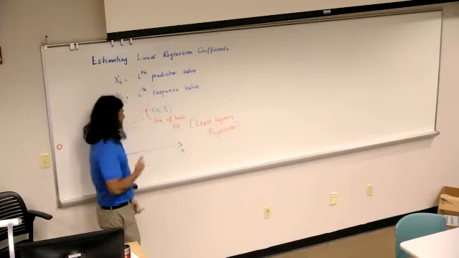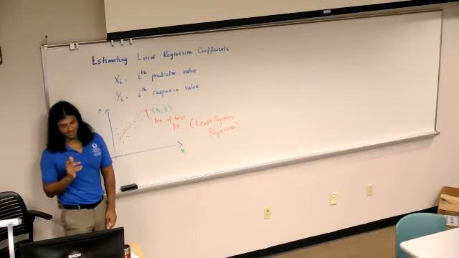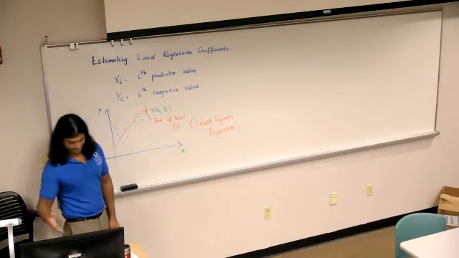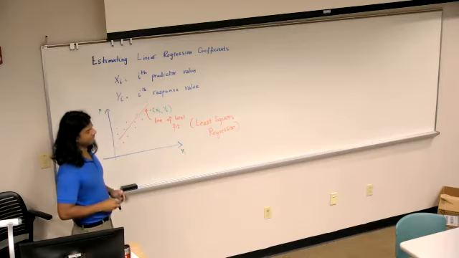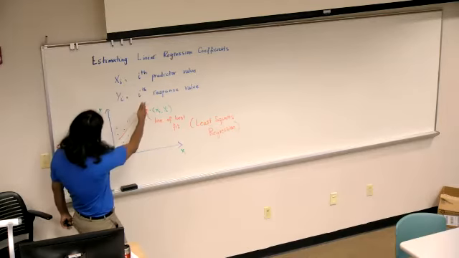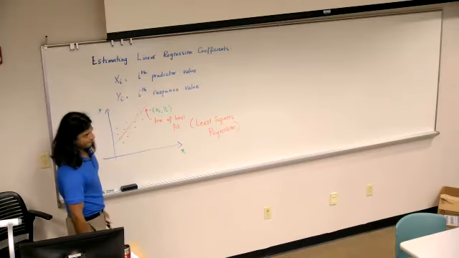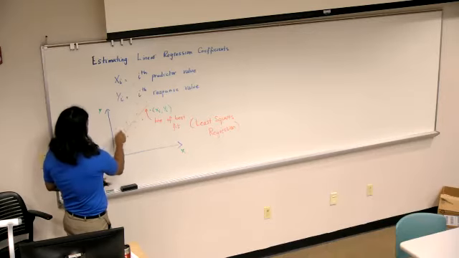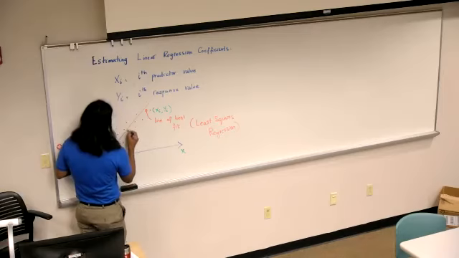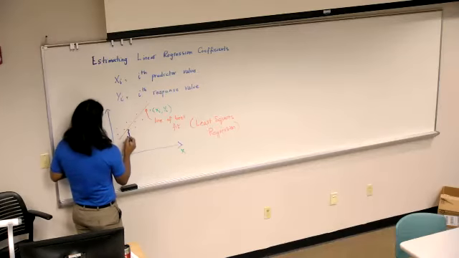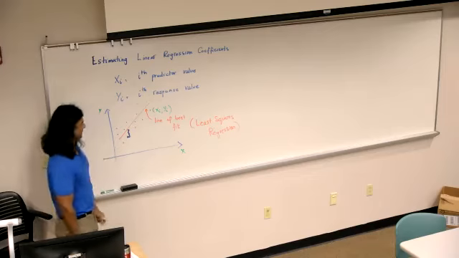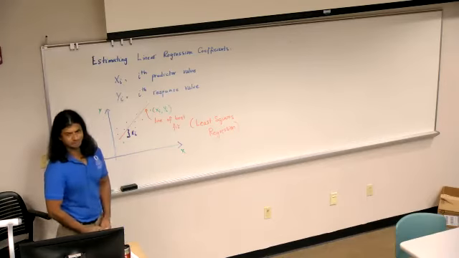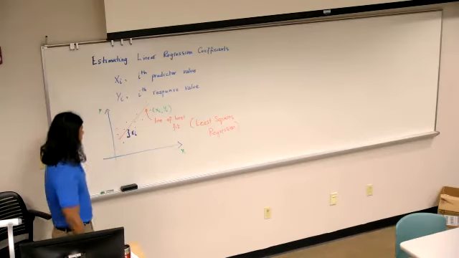Why do we call it least squares regression? We are trying to minimize the net error that we see. Now, how do we assess the error? Let's pick a point. Which one should I pick? That point right there. I'm going to call that epsilon i. That is the theoretical value.